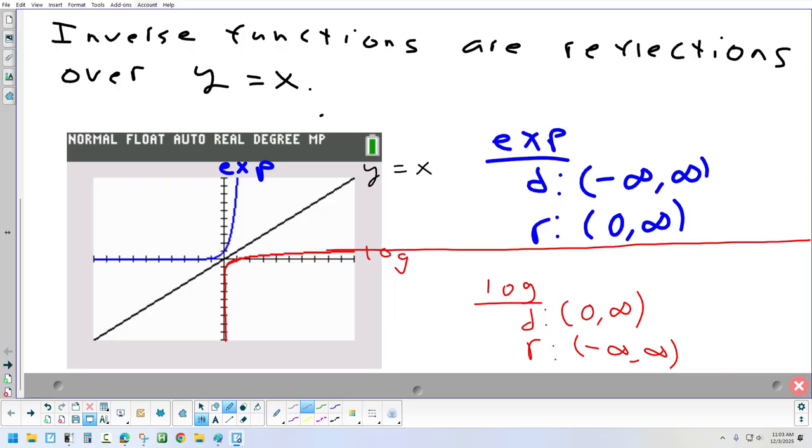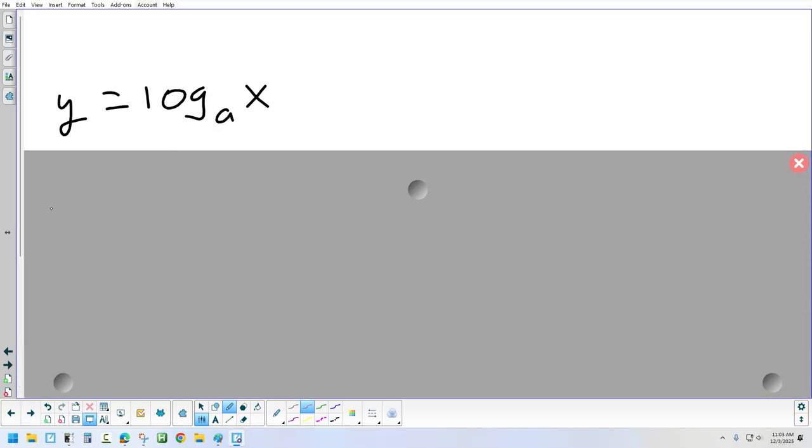Okay. Any question on that? All right, so how do we write a log? Well, if you were doing it on lined paper, this is how it would look. That's y equals log. All of that would be right on the line.